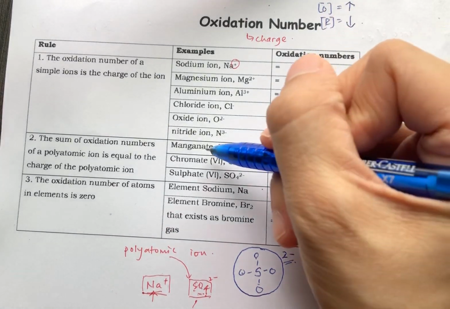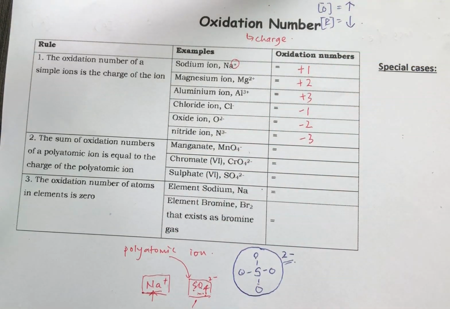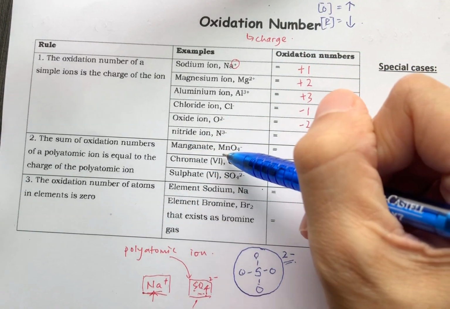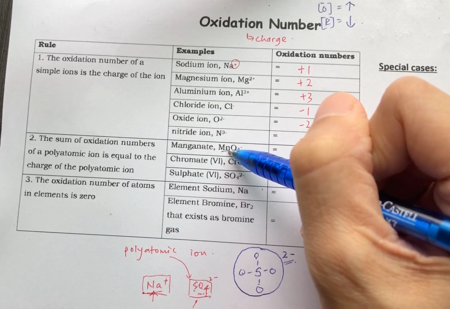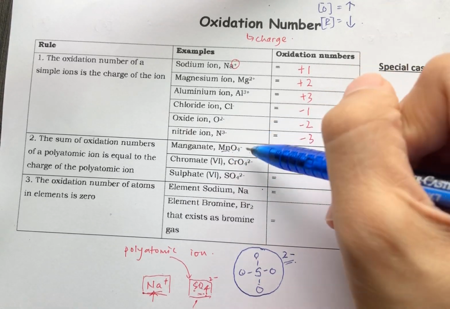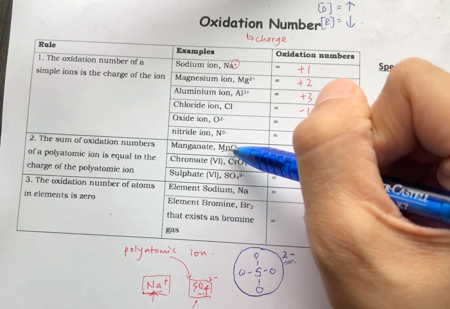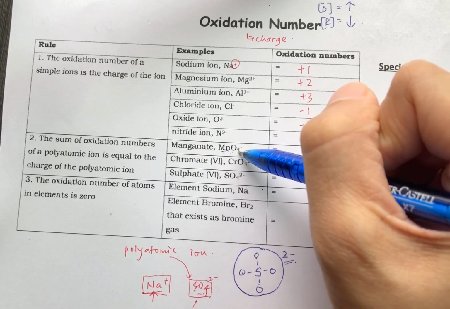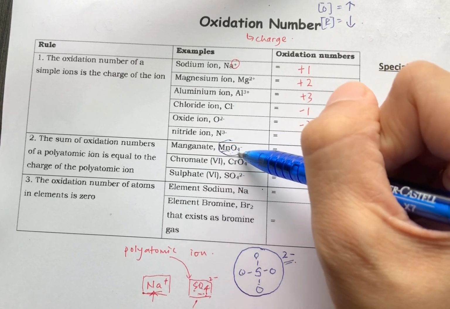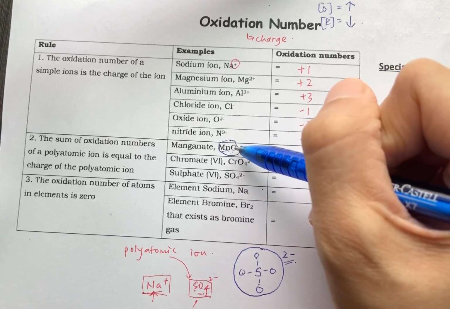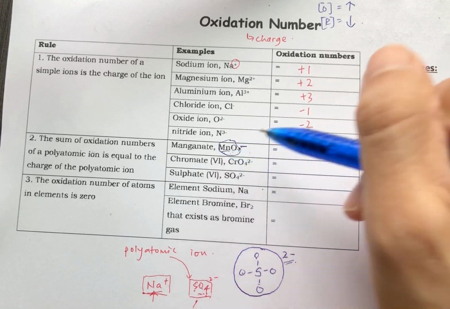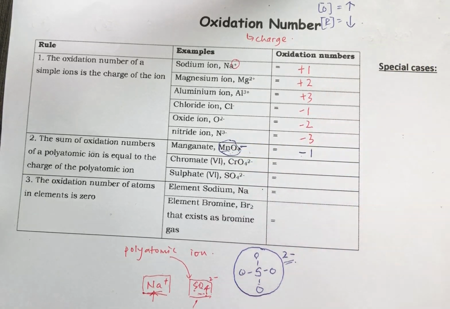Now, manganate ion is another example of a polyatomic ion. It's made of manganese and 4 oxygen. When I write the formula for manganate, I write MnO4, and the negative means everything added up together, their charge is -1.